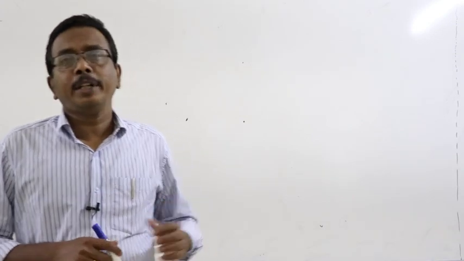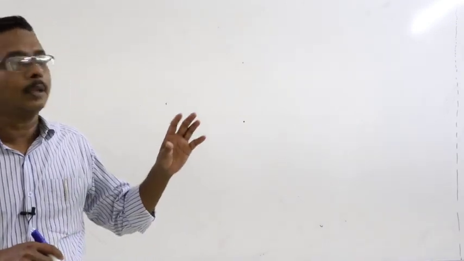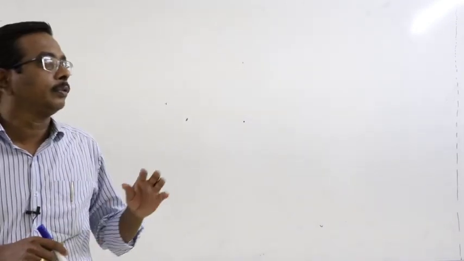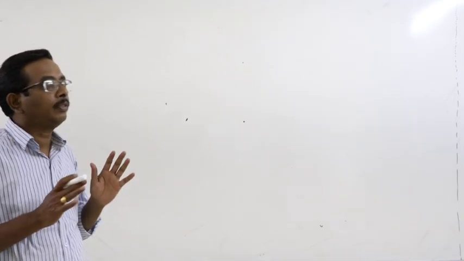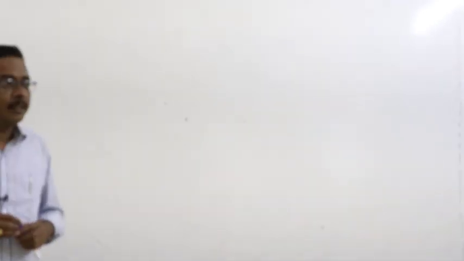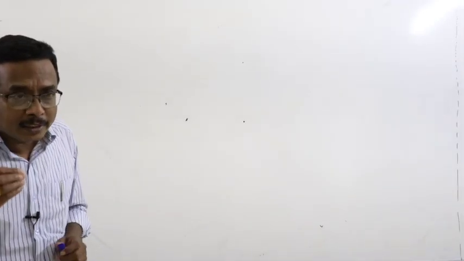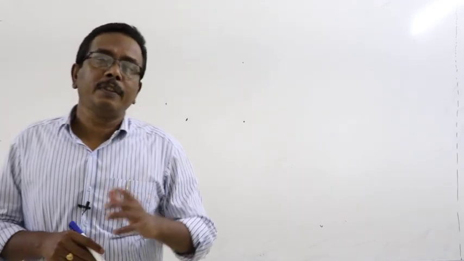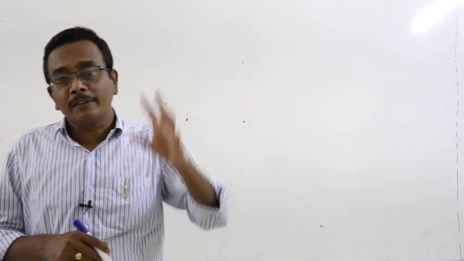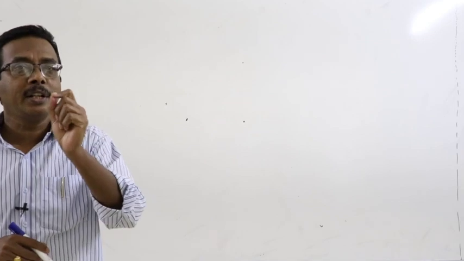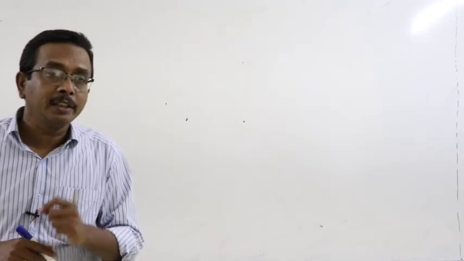We have just completed the modern periodic table and the classification of elements. And here, during the discussion related to the classification of elements, as well as at the very beginning, I have mentioned an important point. What is that?